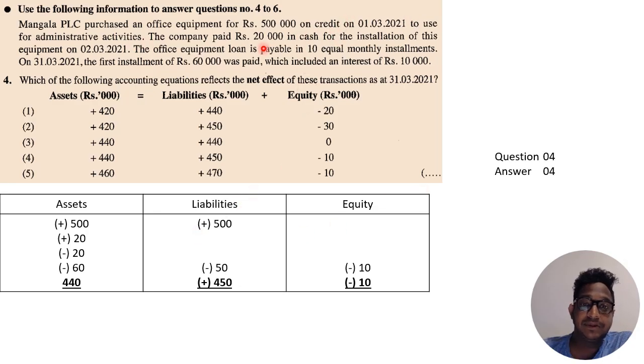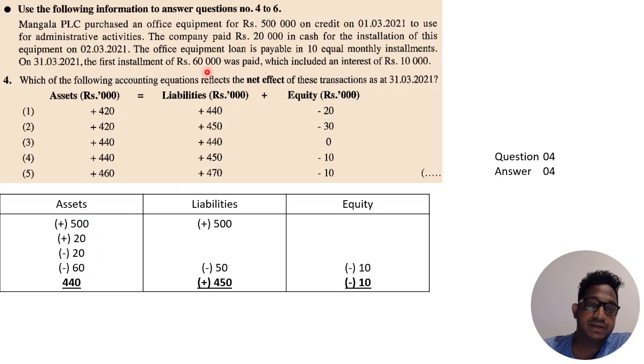And the company paid 20,000 in cash for the installation. We consider that as capital expenditure. The installation that you are paying for is part of the initial recognition of the property, plant and equipment, so you should add that amount to the property, plant and equipment. So assets increased by 23 and assets decreased by 20 because you are paying in cash.